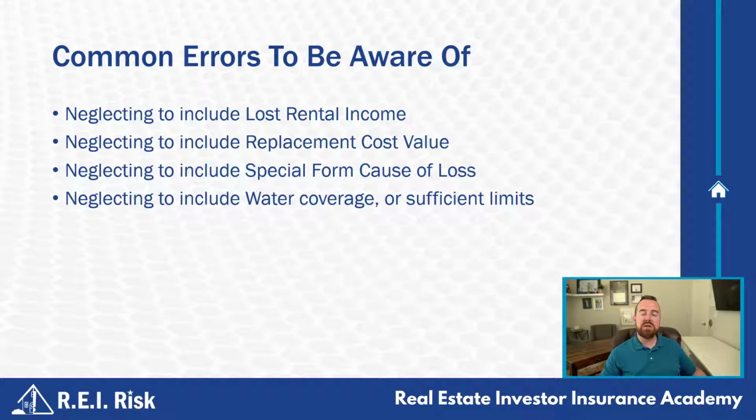This typically comes in two components. The first is the building itself, and the second is the roof. Some carriers require that the roof be 15 years old or newer, or they will not extend replacement cost value to the roof. So we want to make sure we are getting clarity on whether RCV, replacement cost value, is included.